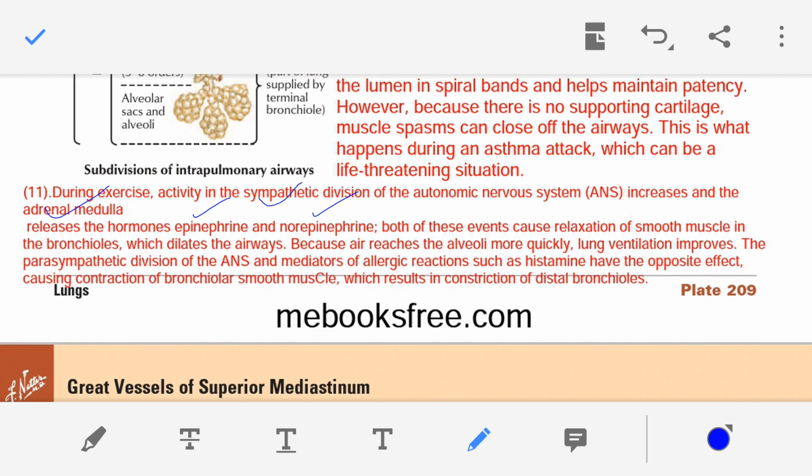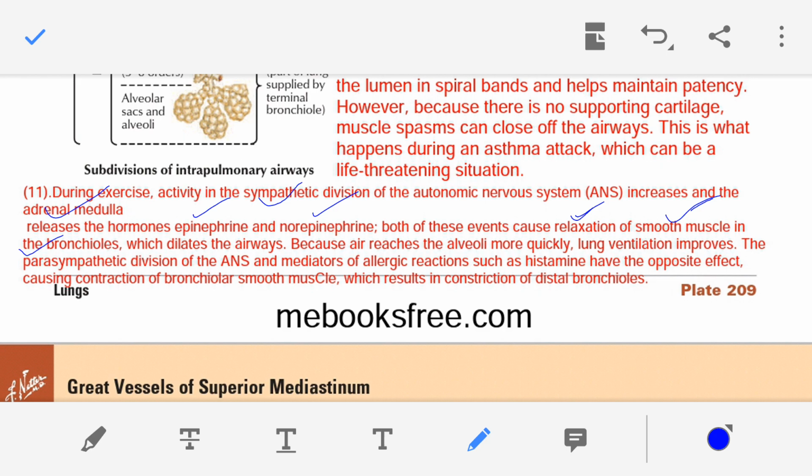Now both these activities are causing the relaxation of the smooth muscle in the bronchiole. So the air path is open when we are exercising, and this is very helpful, because oxygen can easily enter the alveoli, and good gas exchange can occur in the wall of the alveoli and the capillary wall.